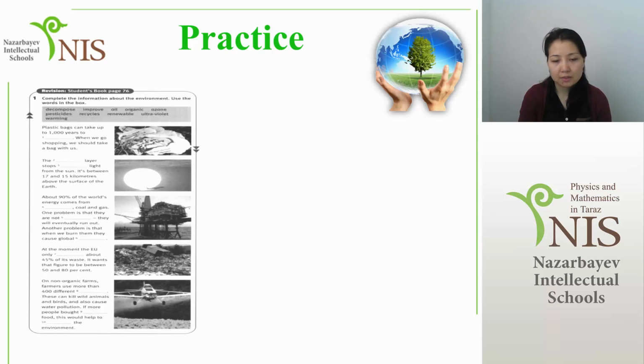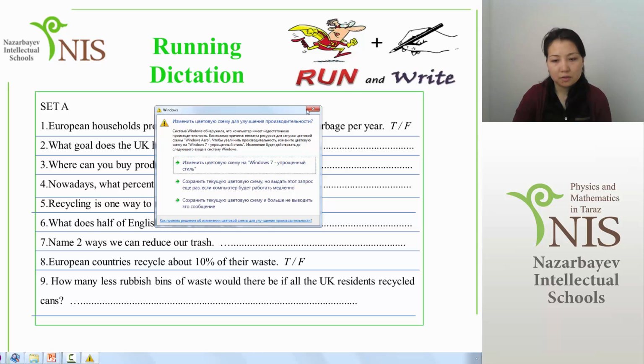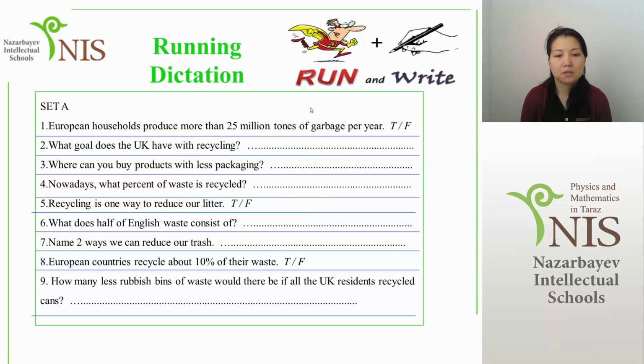Once students have practiced using new vocabulary, the teacher introduces a running dictation activity. Before doing this activity, the teacher presents the rules of this game. Students work in pairs.